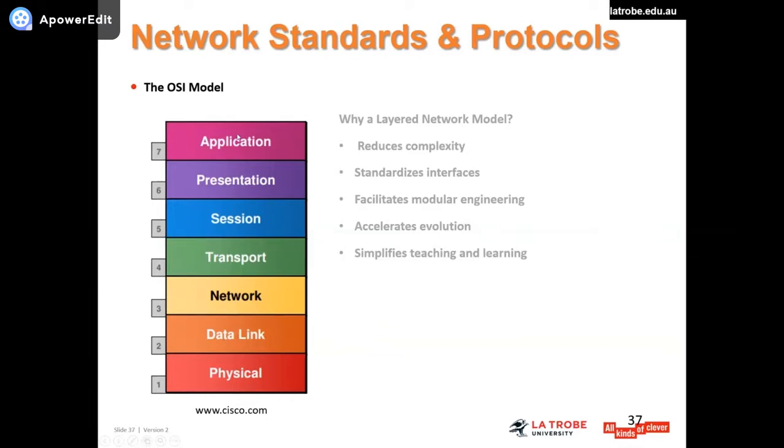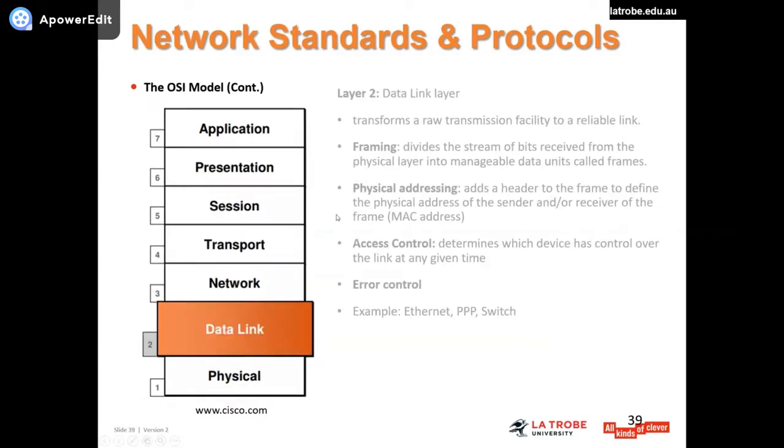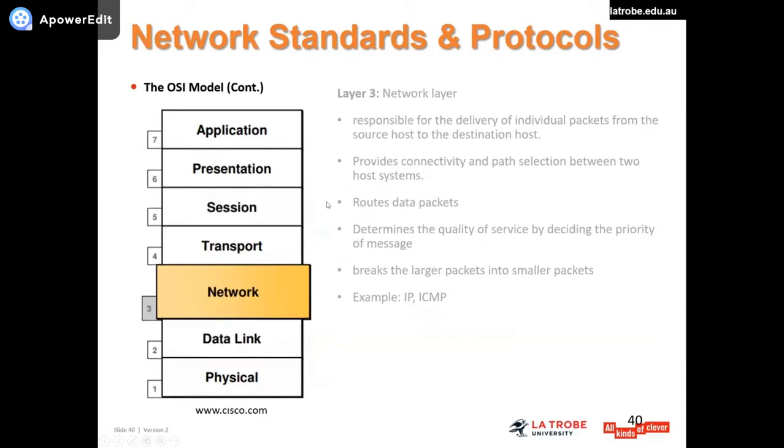So for layer 1, the physical layer, what can we do in the physical layer? And for the data link layer, what are the usual functions on this layer? Same for the network layer. For example, we can use IP protocols on this layer, and we can start to route the packages on this layer as well.